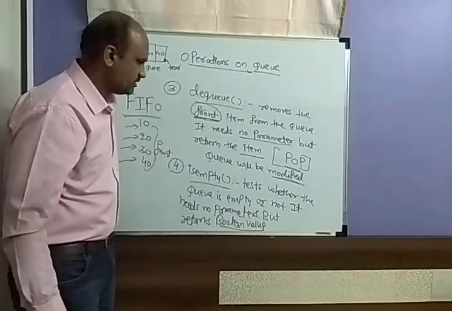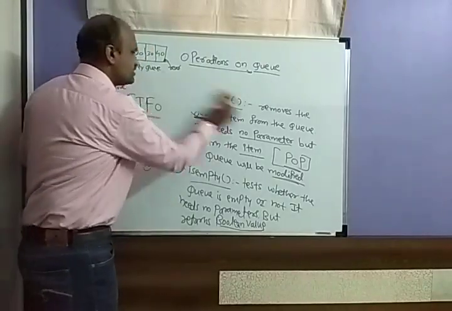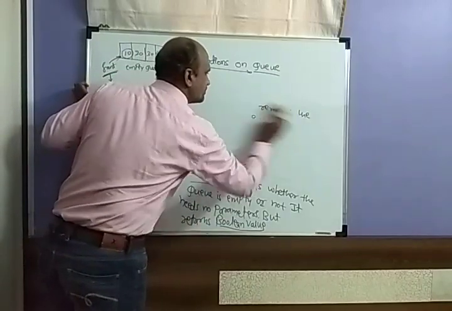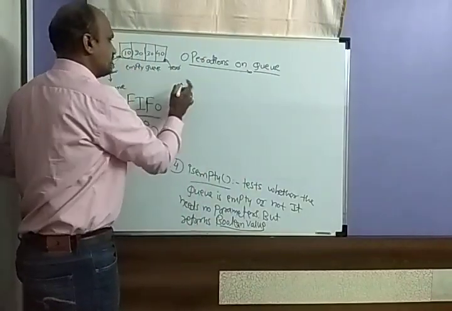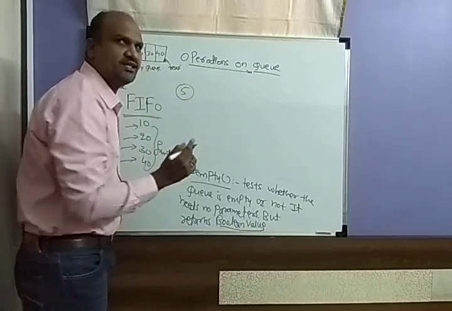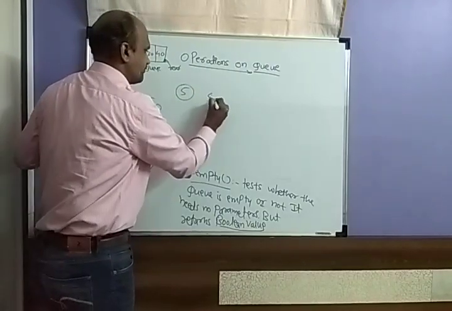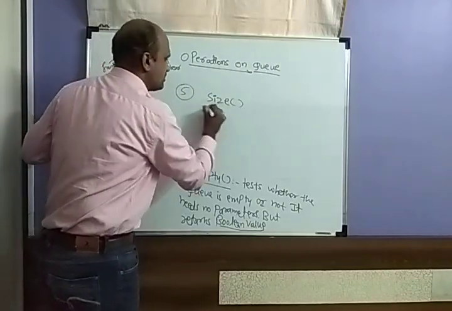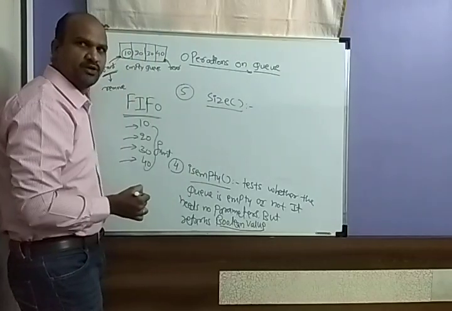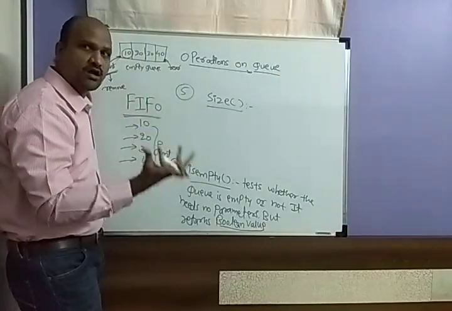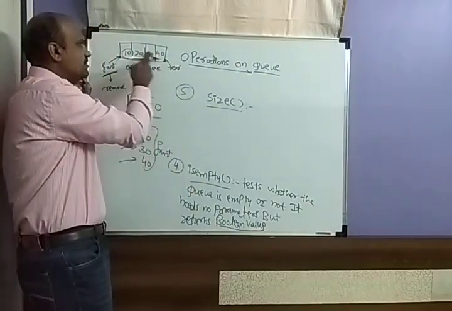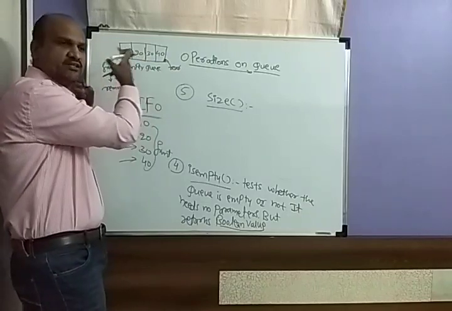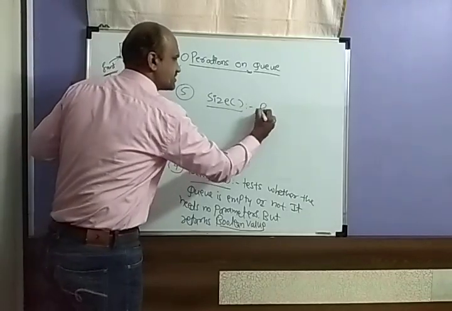And the last one, that is very simple, the fifth one, that is called size. What is the size of the queue? It returns the number of items. So how many items are there in the queue? That is the size.